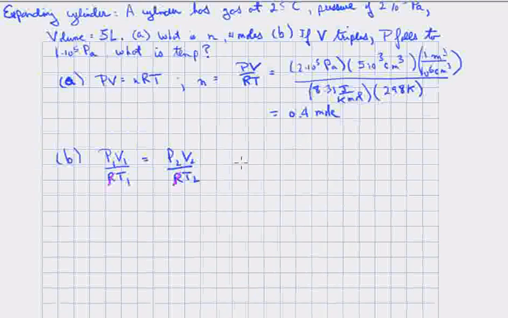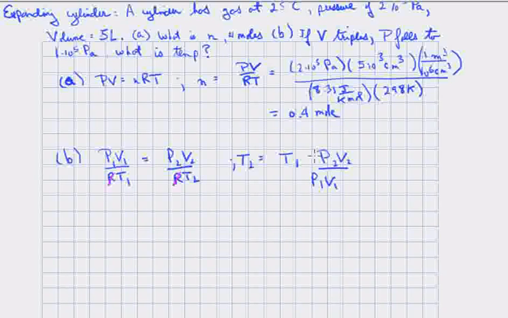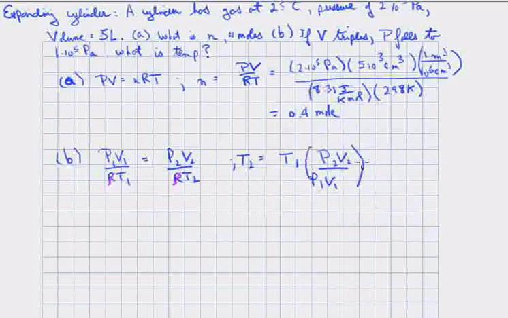And so if we do this algebraically first, T2 is going to be equal to T1 times P2 V2 over P1 V1. Okay, so that's going to be equal to 298 Kelvin.